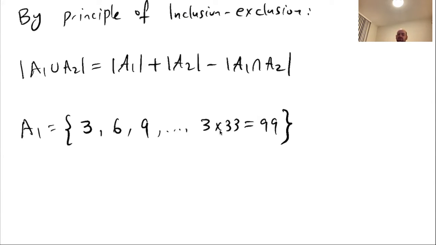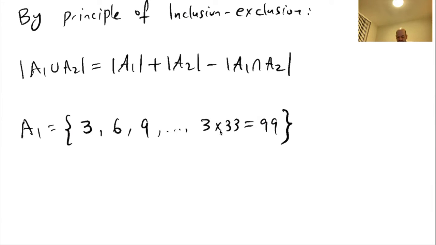But in general, what will be the recipe to find the number of elements in such a set? Let's say the set of numbers less than or equal to some fixed number, which are divisible by some other fixed number. How can we calculate it?